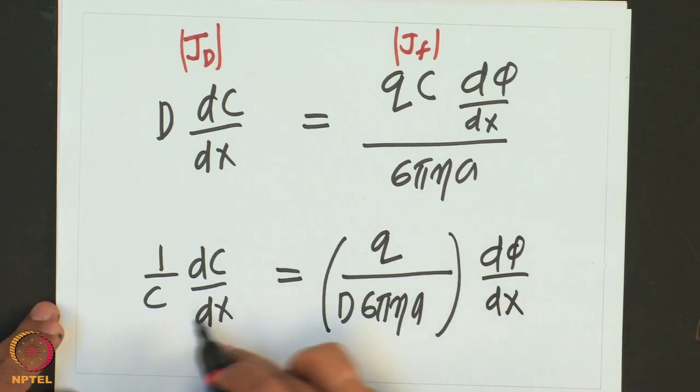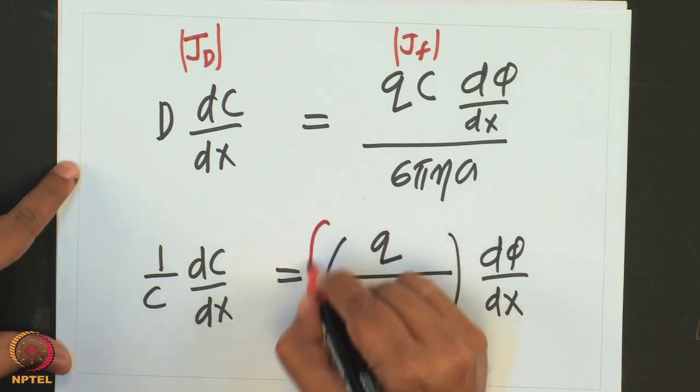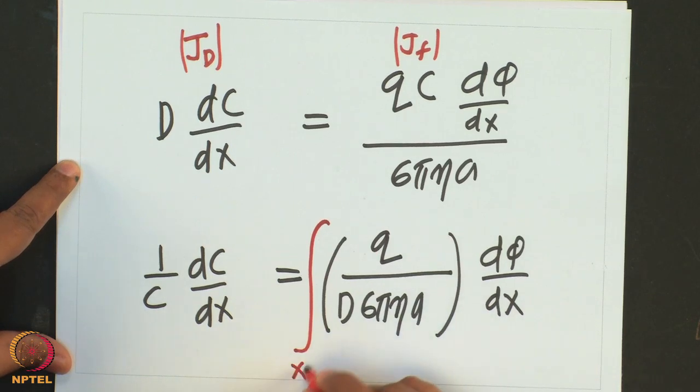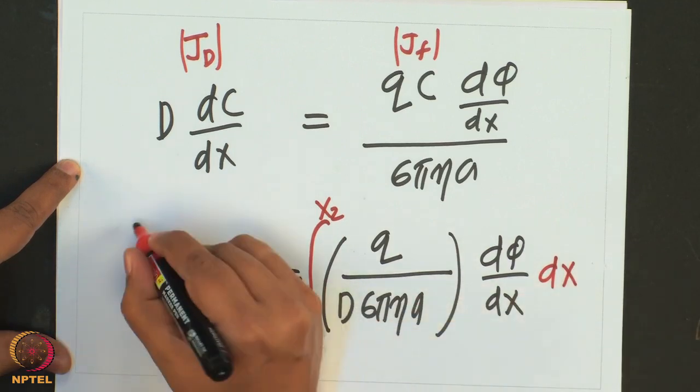So I have a derivative on both sides. I would integrate this from x1 to x2, with dx.